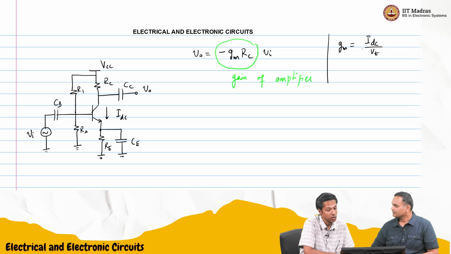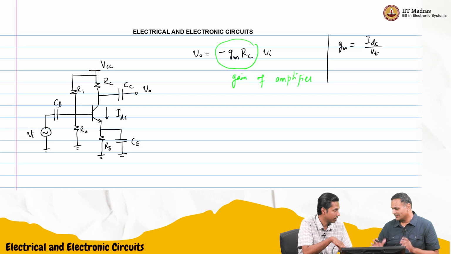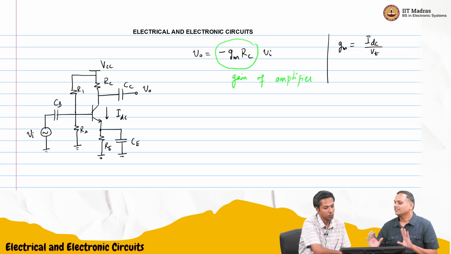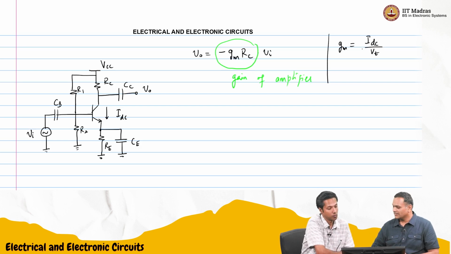So IDC actually decides the value of GM, for a given transistor. That means if IDC can be fixed, I'll also get a very fixed GM.